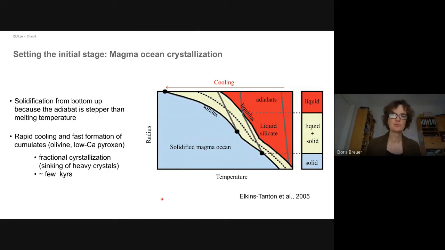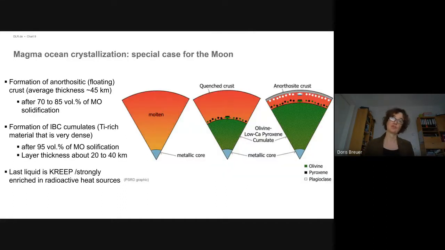What's also important is that we have fractional crystallization. The first minerals that form are heavy and sink down, so you have a crystallization from the bottom up. Now the special case for the moon is that after 70 to 85 volume percent of solidification, anorthite starts to crystallize, which then rises and forms the crust. And this is important because it also influences the cooling behavior of the magma ocean.